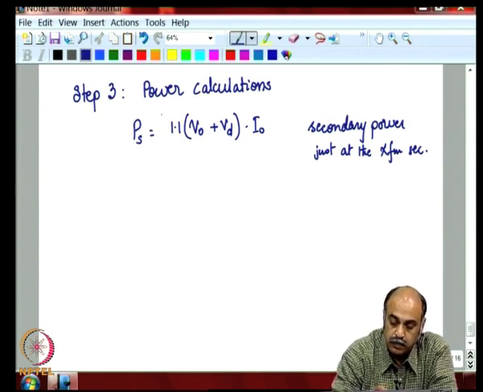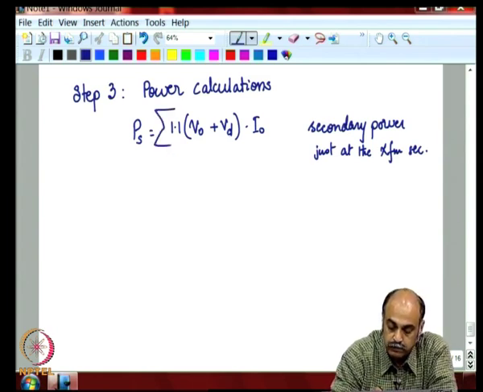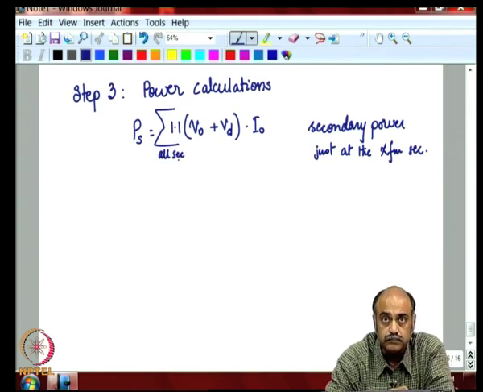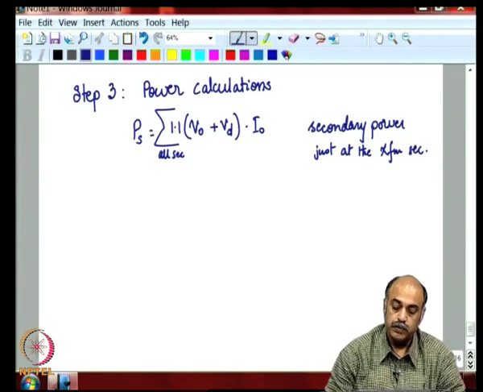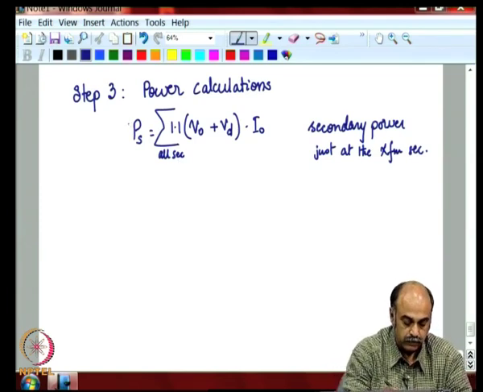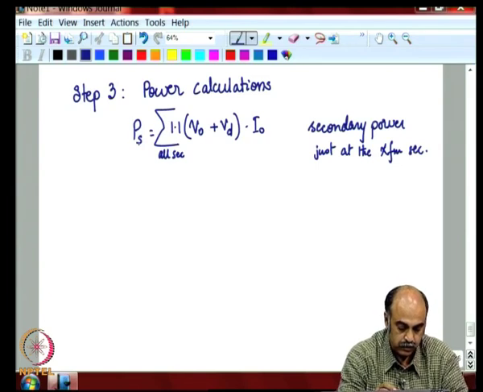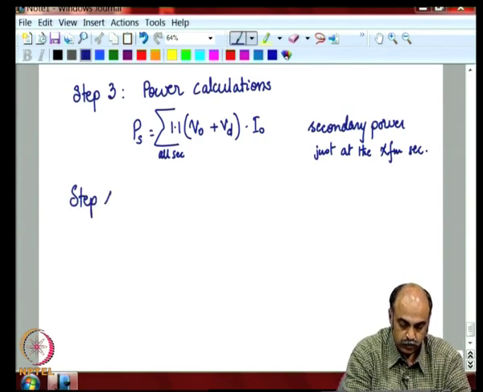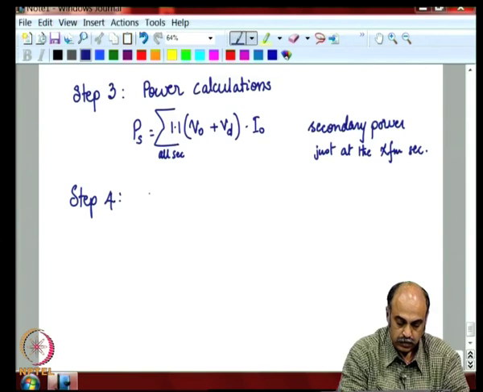Now, if there are multiple windings, you will have to sum to all secondaries, which would give you the total power reflected on the transformer. Then step 4, what is the turns ratio?